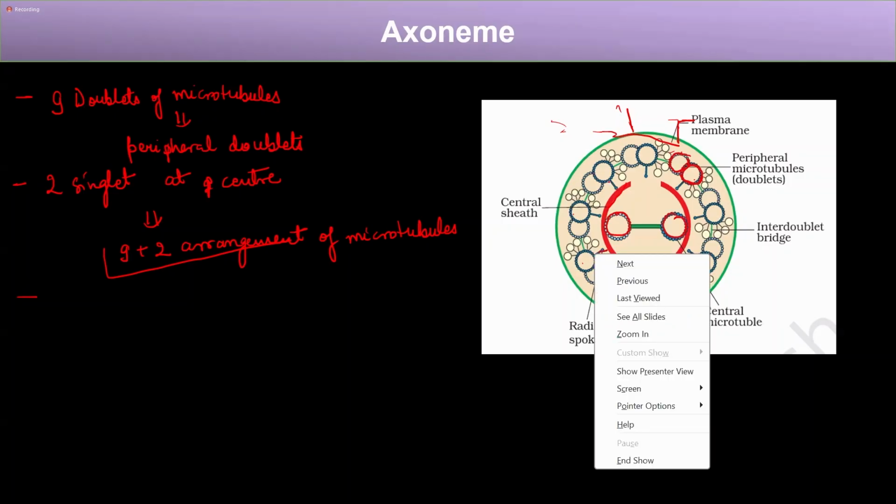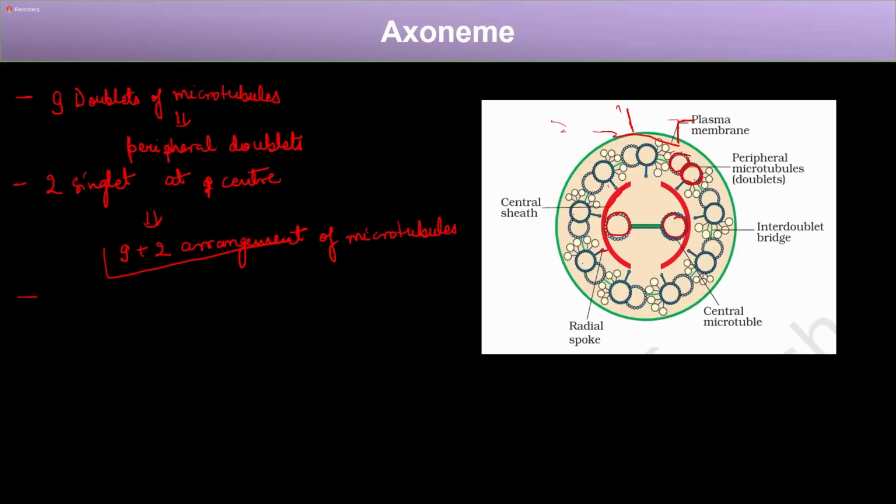So we can write that the central sheath is connected to the doublet by radial spoke.